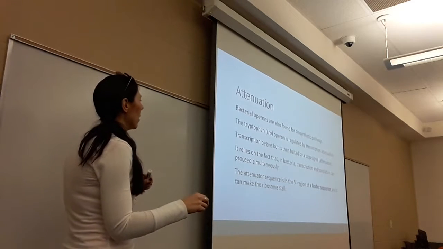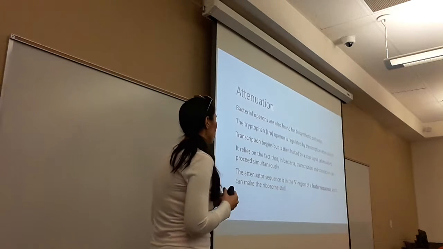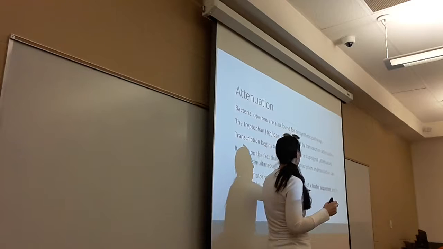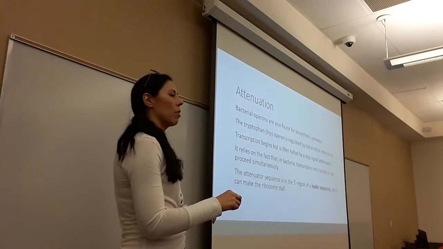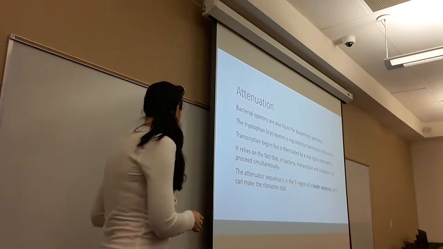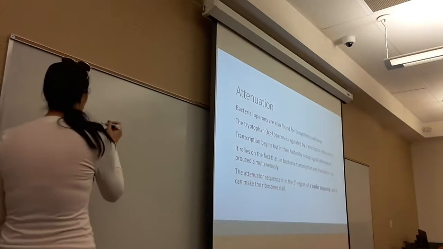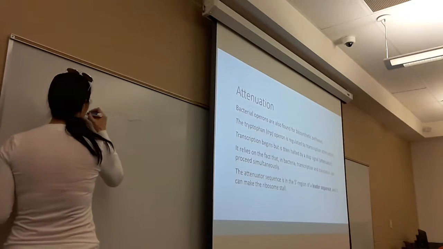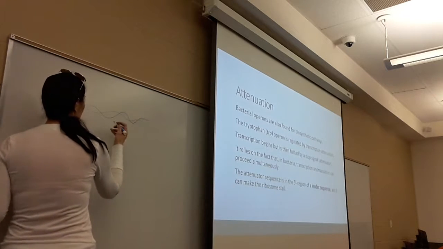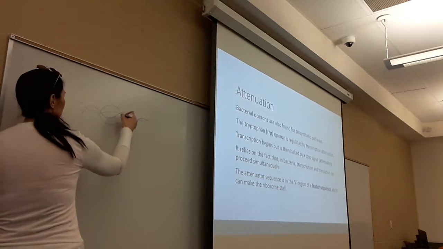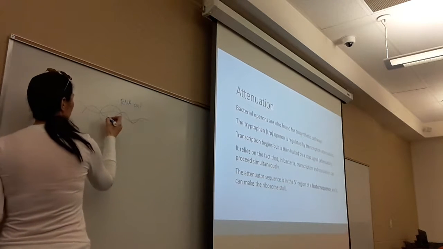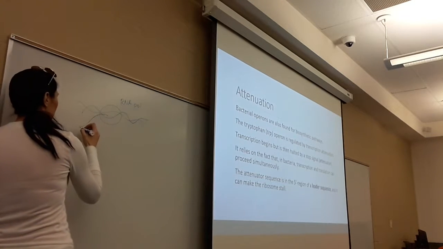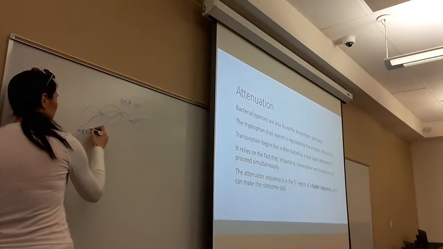The attenuator is a region of the messenger RNA near the 5' end, and what it does is make the ribosome stall. So here's the DNA of our bacteria. RNA polymerase is going to come in there and make messenger RNA.